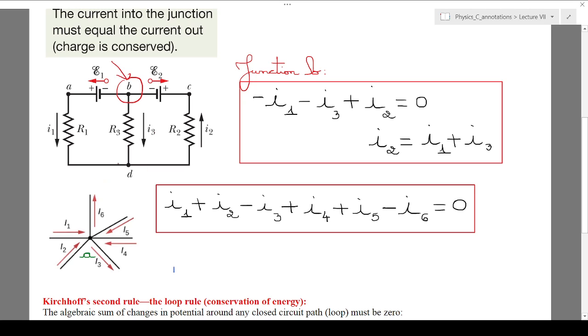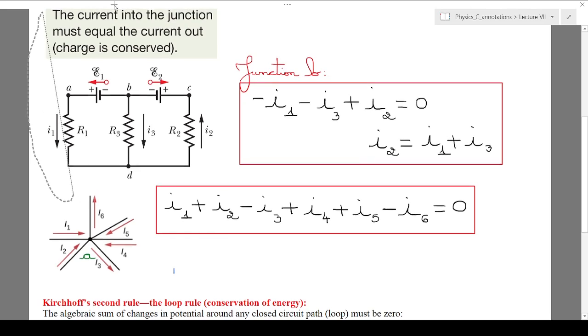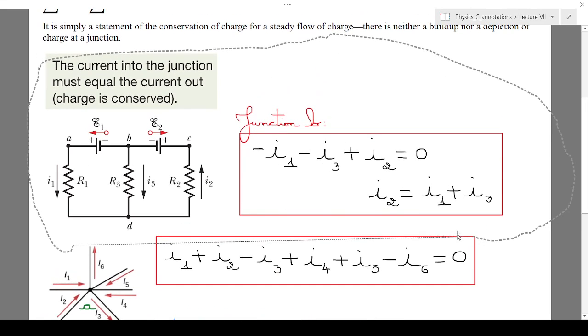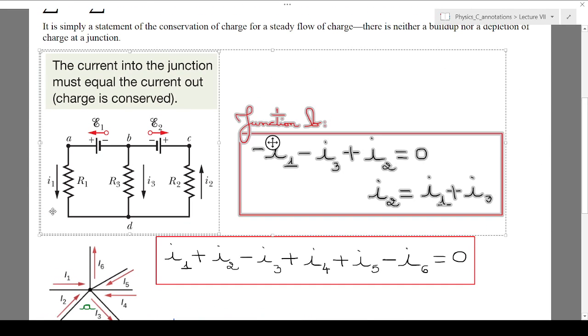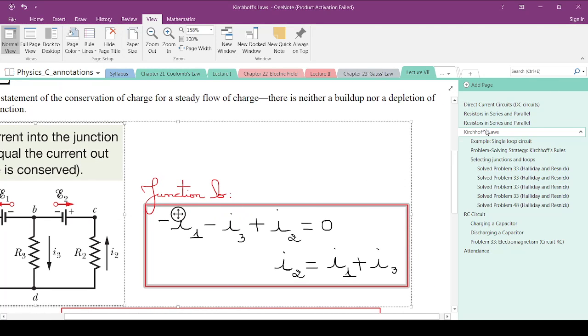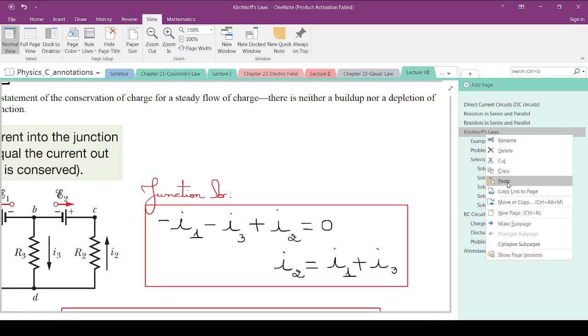Let's copy this to a different location here, so you can see this without all this visual pollution, because this is very important.